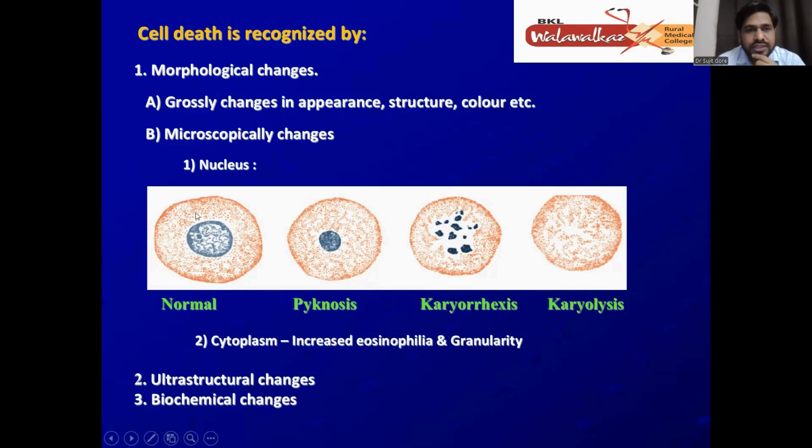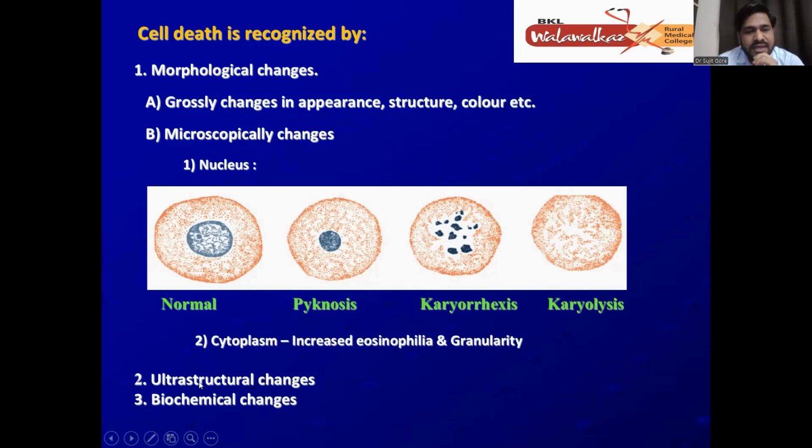Changes occurring during necrosis: first is pycnosis, which is condensation or clumping of the nucleus. After that, karyorrhexis. Here rhexis is fragmentation or breakdown of the nucleus, with multiple fragments of the nucleus in the cytoplasm. In karyolysis, there is complete destruction of the nucleus. It only shows granularity in the cytoplasm.